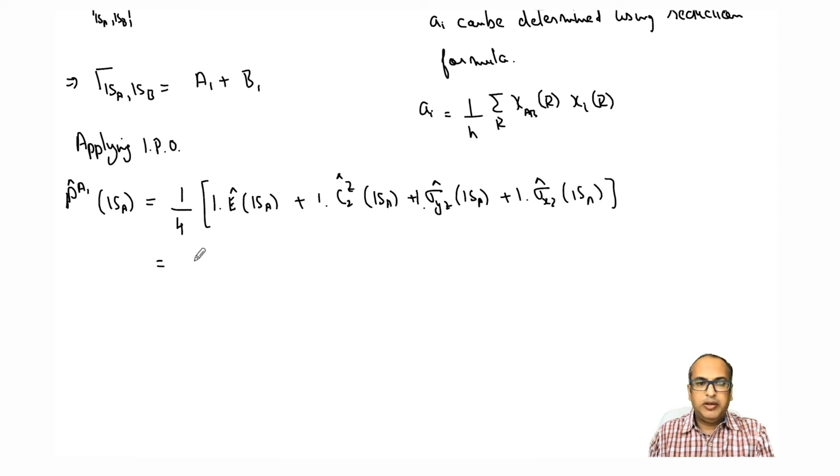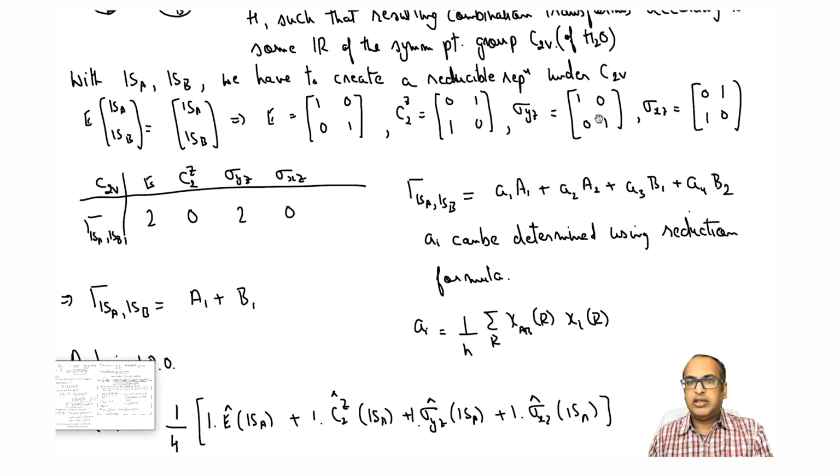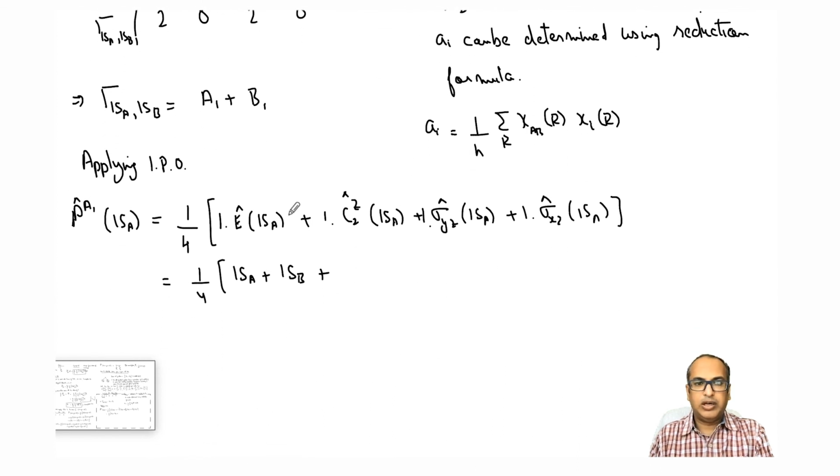Now this gives me 1 by 4 of 1sA. C2z will replace this, so we'll get 1sB. Sigma_yz will remain the same, so we'll get 1sA.